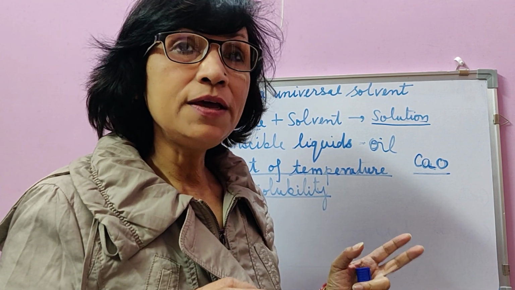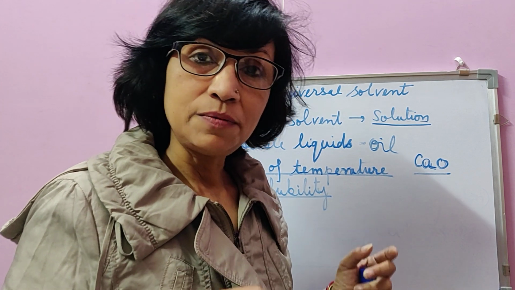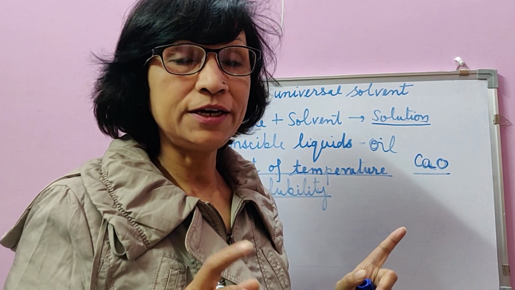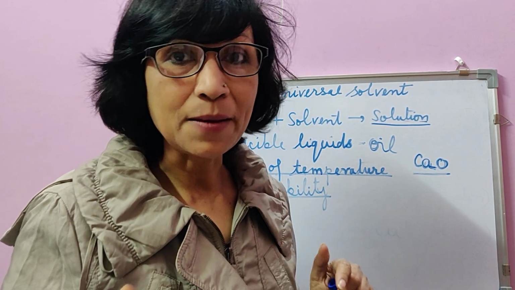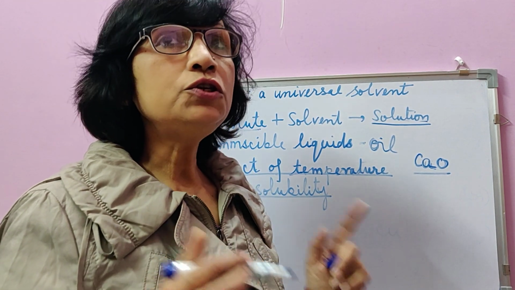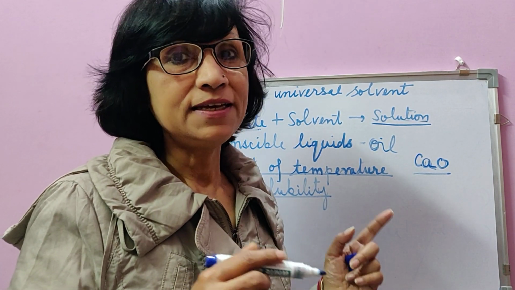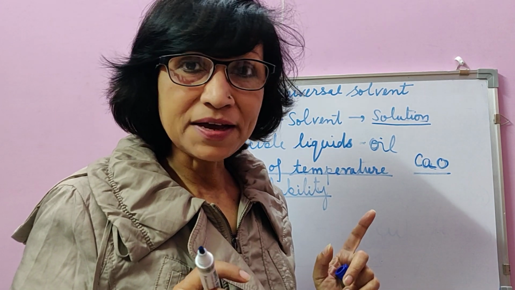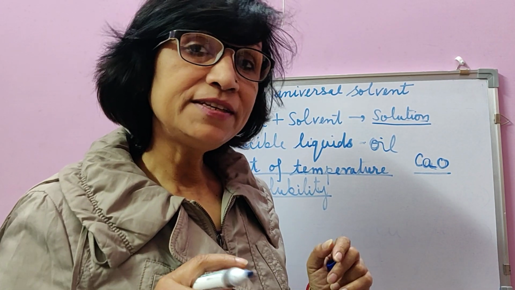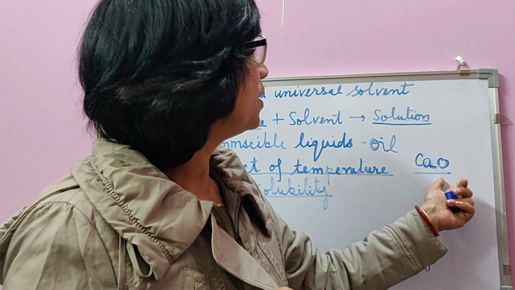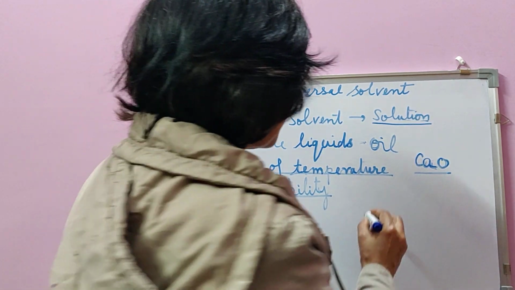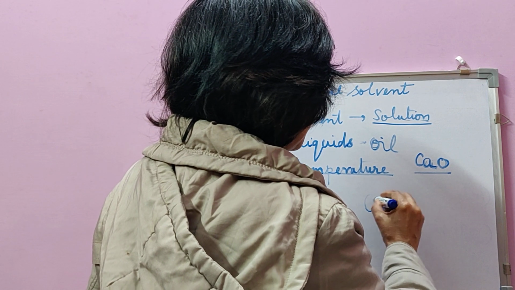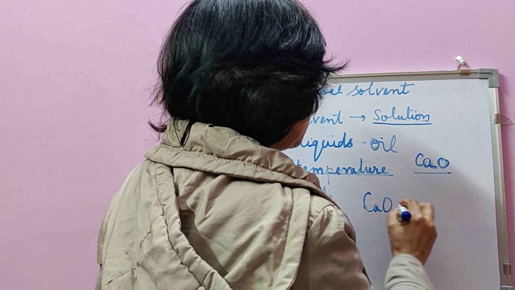But normally for solids, that's why I'm saying most solids dissolve more at higher temperature. Though dissolution of a substance in water is a physical change, not a chemical change, if it is a chemical change, then it could be an exothermic reaction as well. Like quicklime, when it dissolves in water, it does not form just a solution.